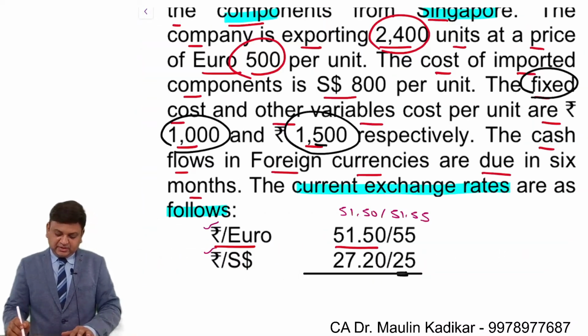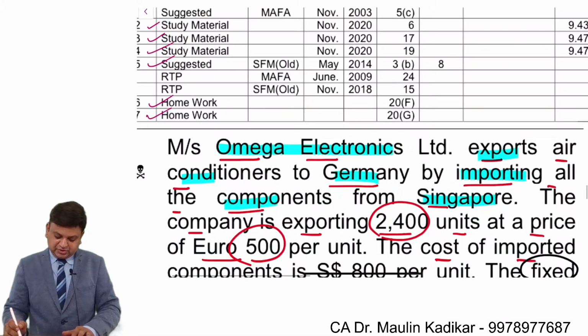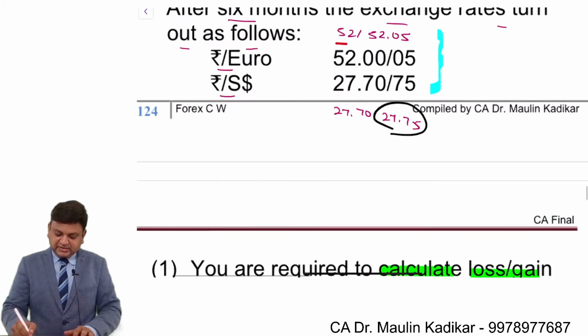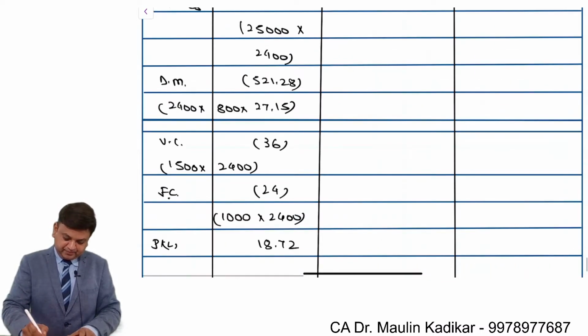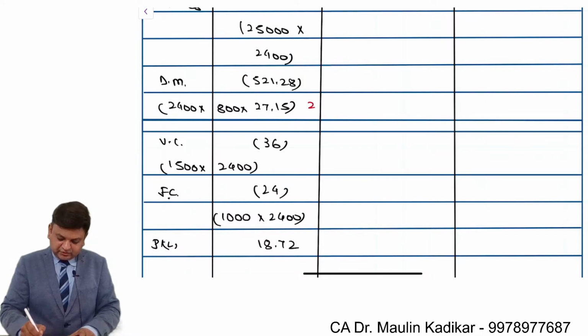As far as the direct material cost is concerned, it is going to change. The exchange rates are changing to 27.75. So here we will have 2400 into 800 into 27.75.